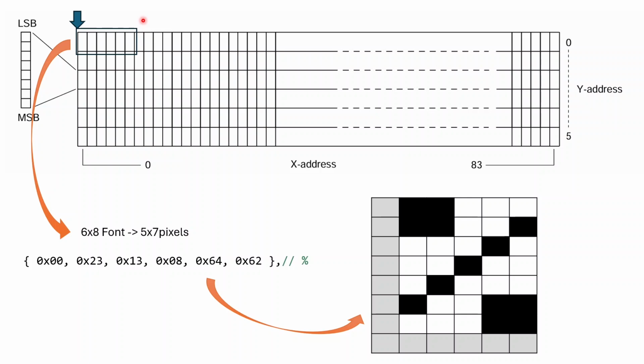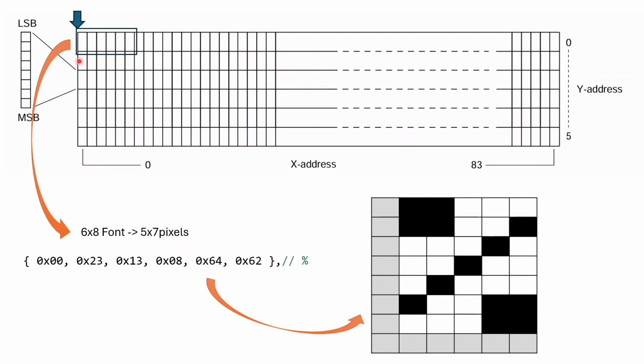This pointer also has an auto wrap function, and that means if I'm at the X address 83 and Y address 0, and I write exactly 1 byte, it will land on this address, and then the Y address is increased, so we will be at Y address 1, and the X address wraps, and we will be at X 0, so we will be in the second row.